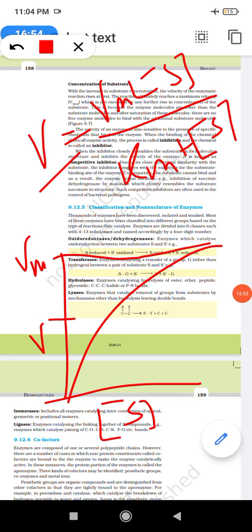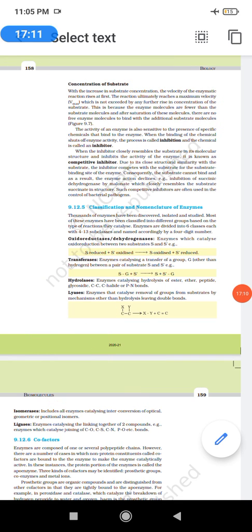So I will take half of Vmax, which is Vmax by 2, and take it across to here. This concentration is Km, that is Michaelis-Menten's constant. So this is how I get the V, the velocity or the rate of reaction.